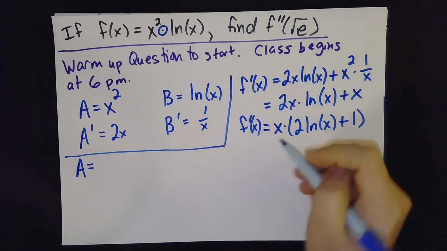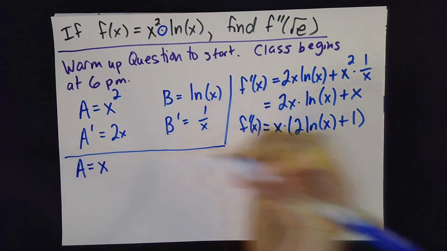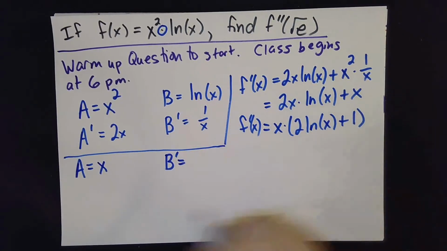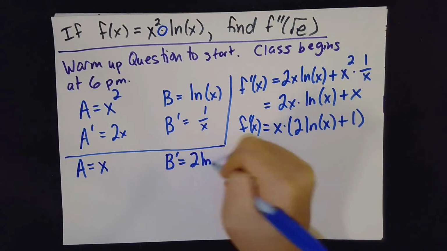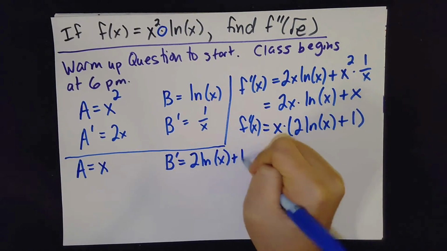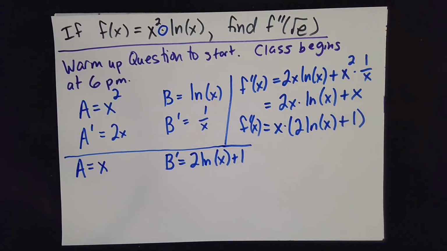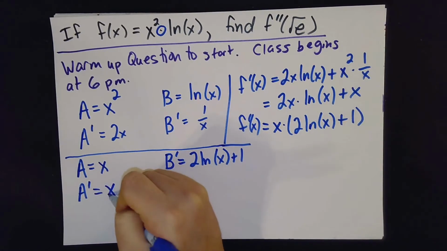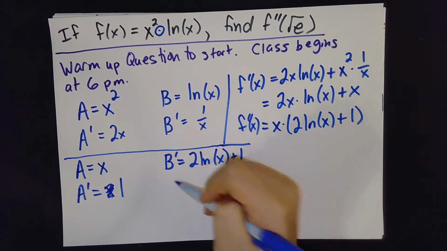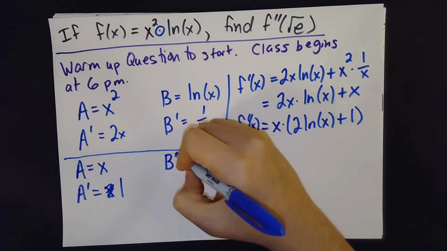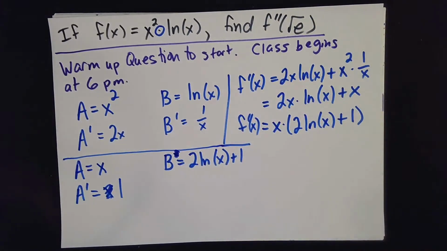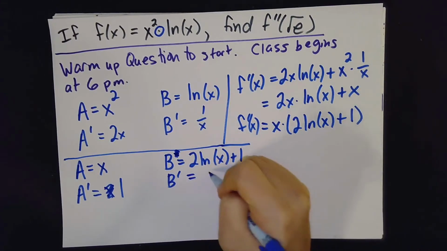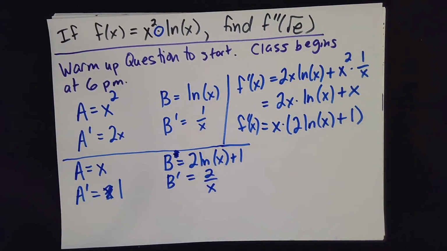So the first piece of the product is now just x. The second piece is 2 log x plus 1. So a prime here is 1. Oh, why did I write b prime? This is b, not b prime. B prime here is 2 over x. Sorry about that.